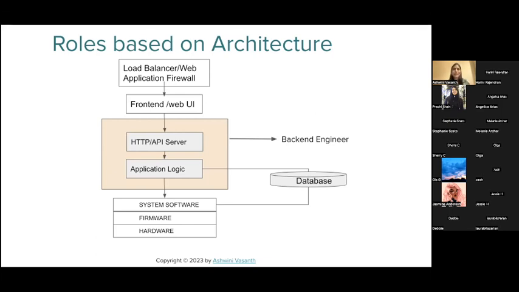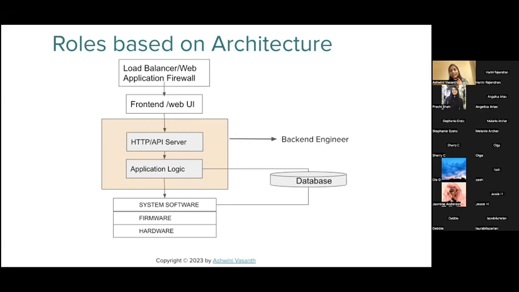Then you have to communicate the fact that the button was clicked and something needs to be done to a backend server, which is called an HTTP or an API server. An API is basically an application interface, just an interface to talk between the UI and a server.